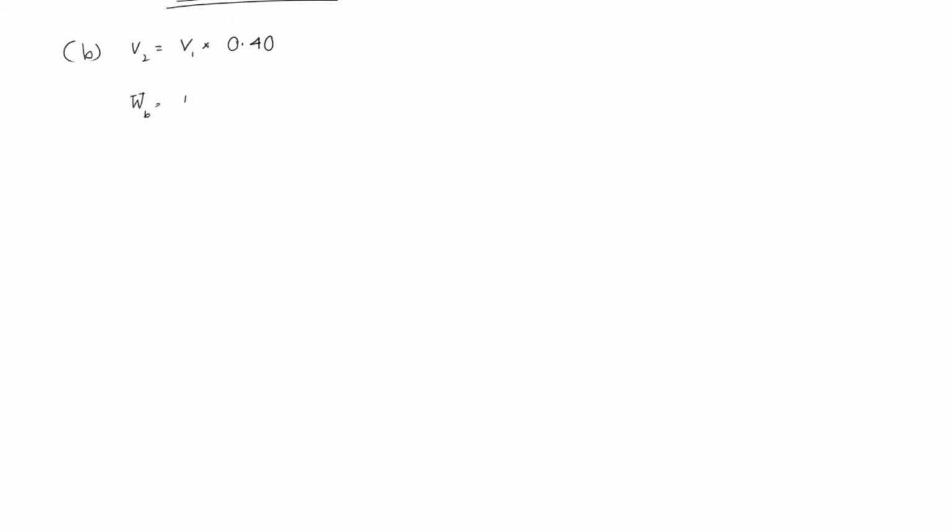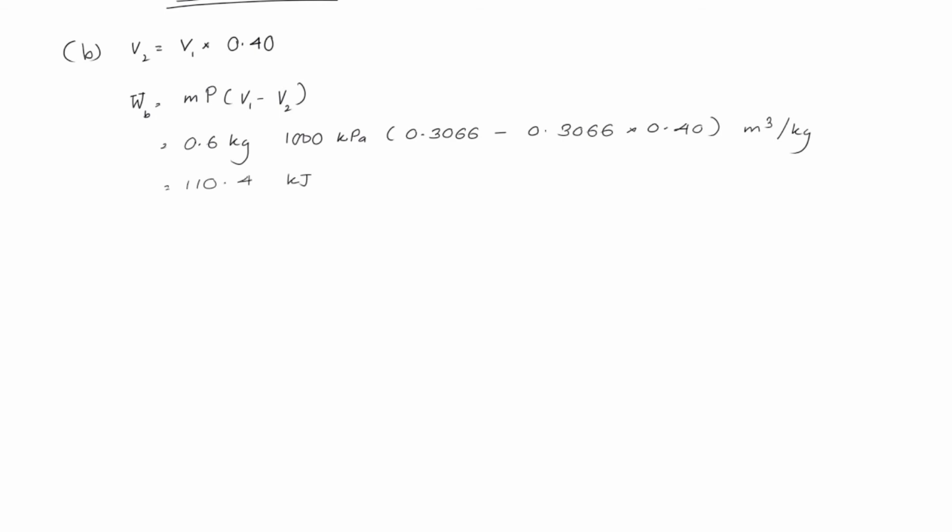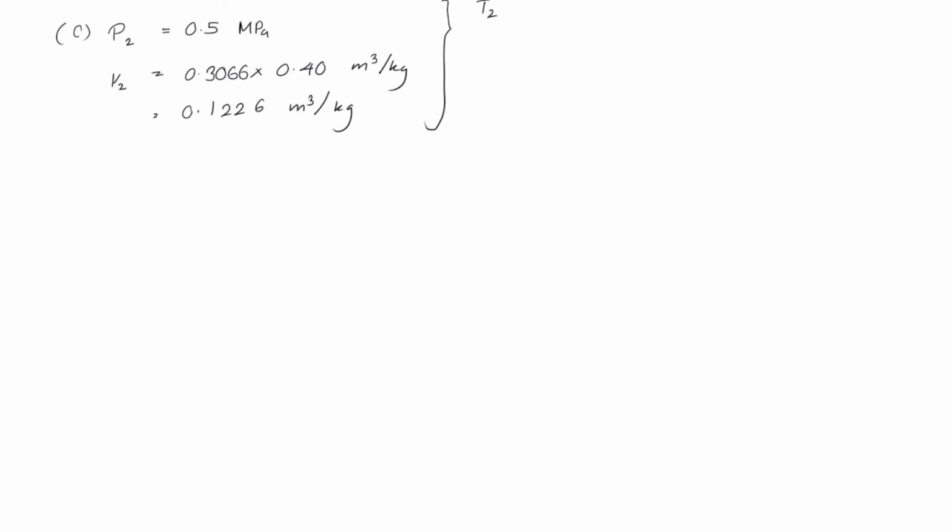So WB is equal to 110.4 kilojoules. When it comes to finding T2 temperature, we can use P2 0.5 megapascal and V2 0.3066 into 0.4. These two values can be used to calculate T2.